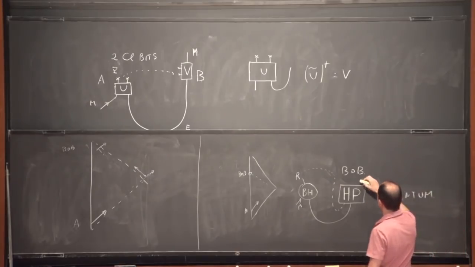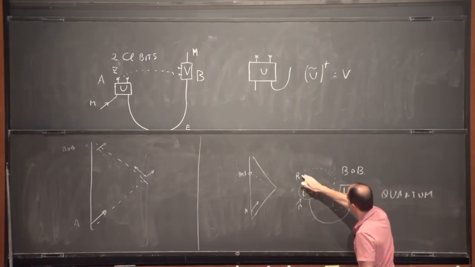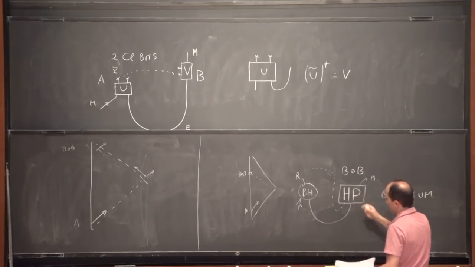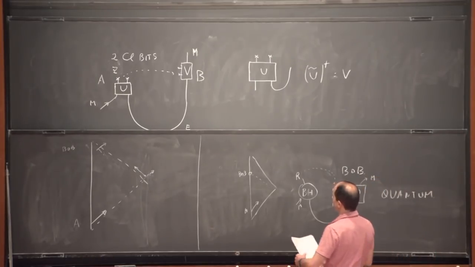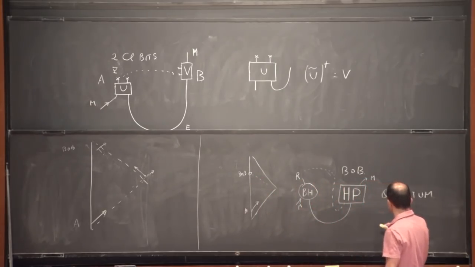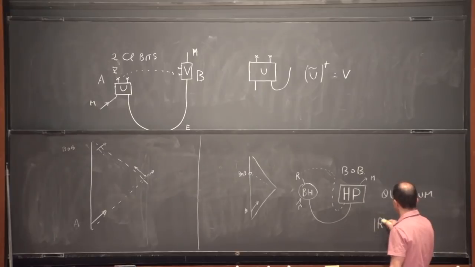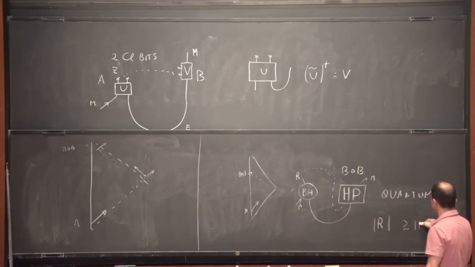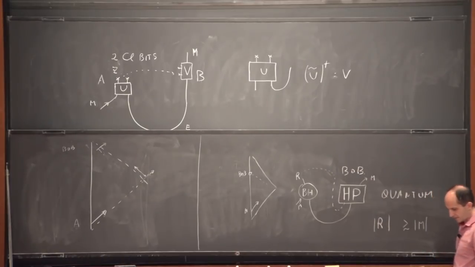And the claim is that immediately after receiving this radiation, we can get the message that Alice sent. The important point is that the amount of radiation Bob needs, the number of qubits of the radiation, has to be just slightly bigger than the number of qubits of the message. Okay?